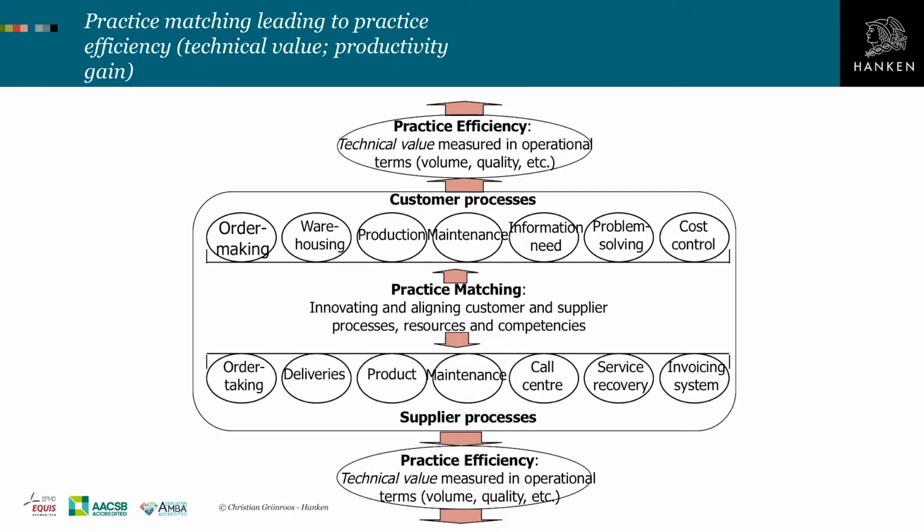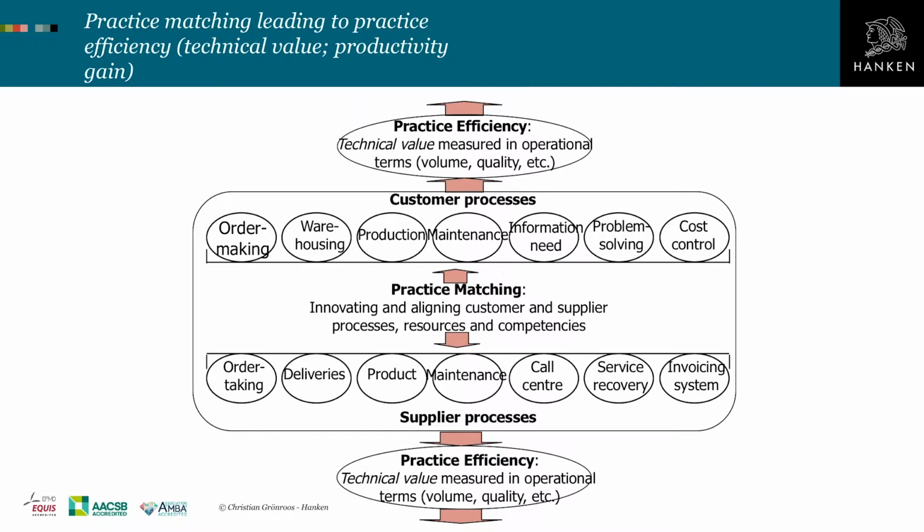In earlier lectures, I talked about the customer voyage and that the supplier or service provider has to travel through with the customer throughout the voyage and support every part of it. So here are some normal processes that, in this case, a business-to-business customer goes through. And on the supplier side, there are normal processes that the supplier has to take care of, either alone or perhaps with a network partner.